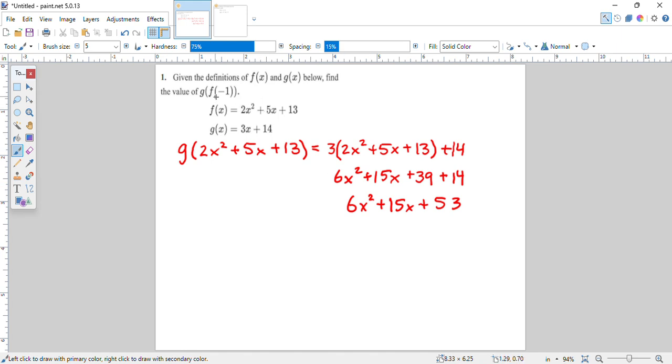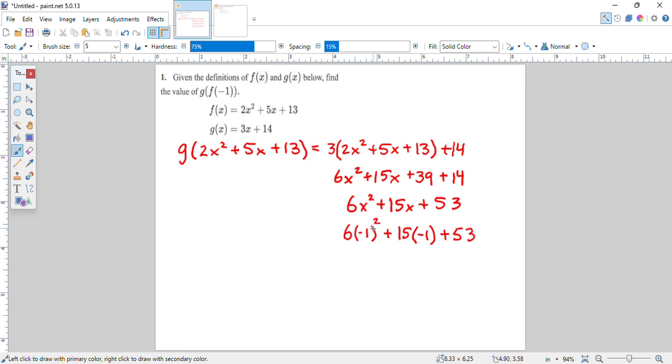And here they're telling us, well, what if x equals negative 1? What if in our original, x equaled negative 1? So let's see what happens if I just place it into this. Wherever I see x, I'm replacing it with a negative 1. So 6 times negative 1 squared plus 15 times negative 1 plus 53.